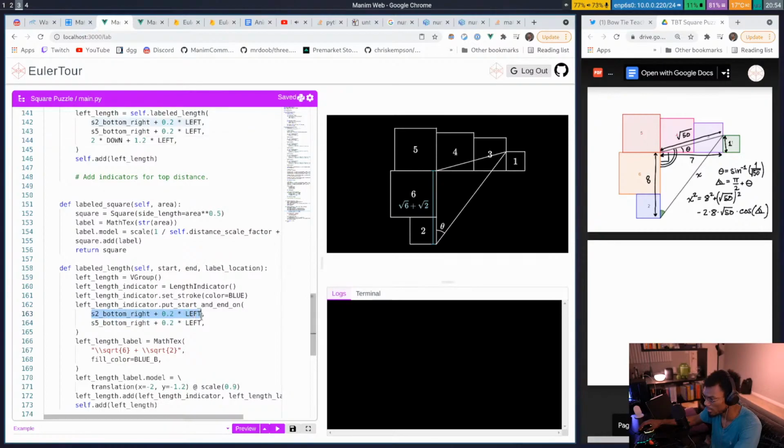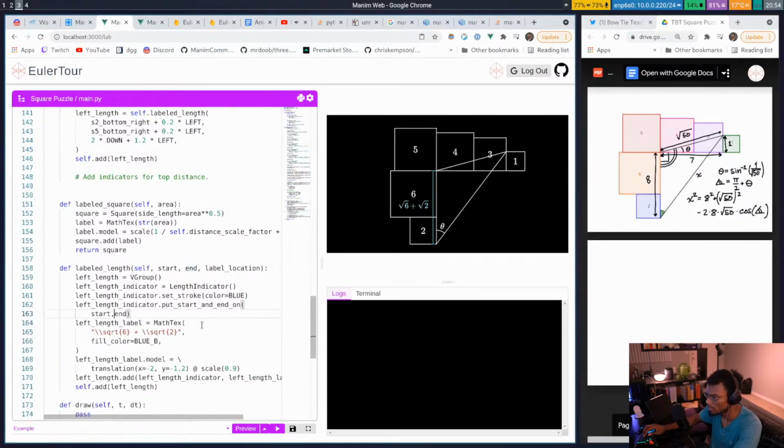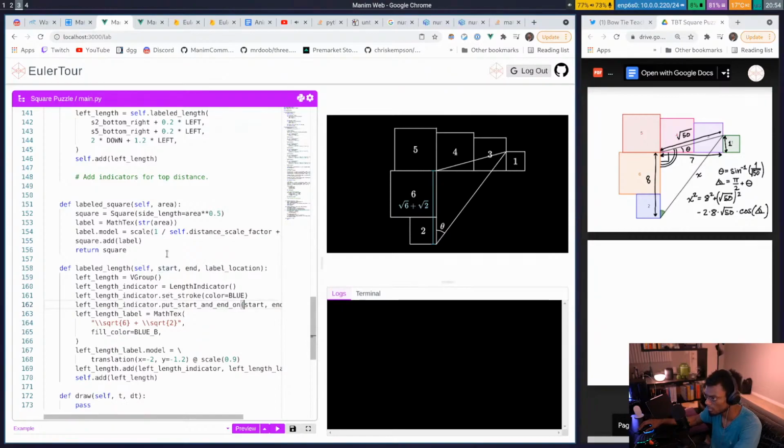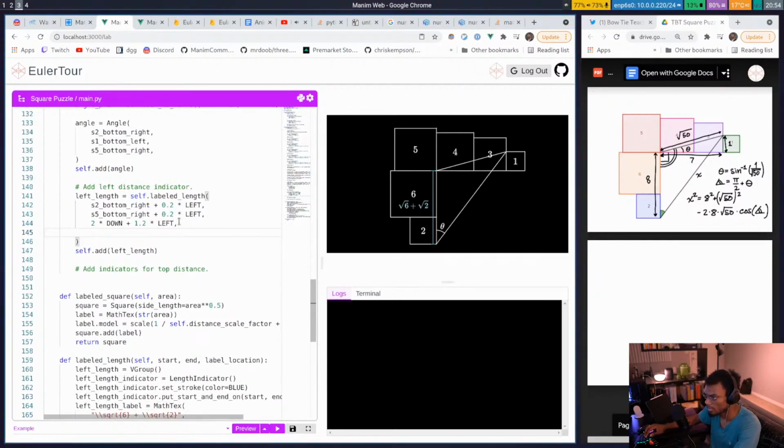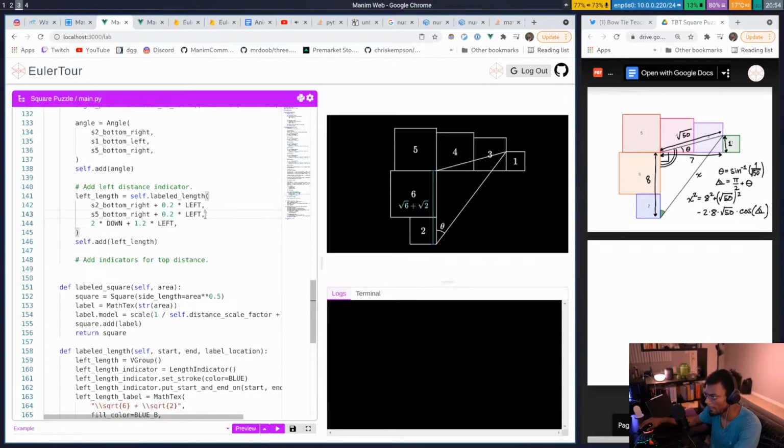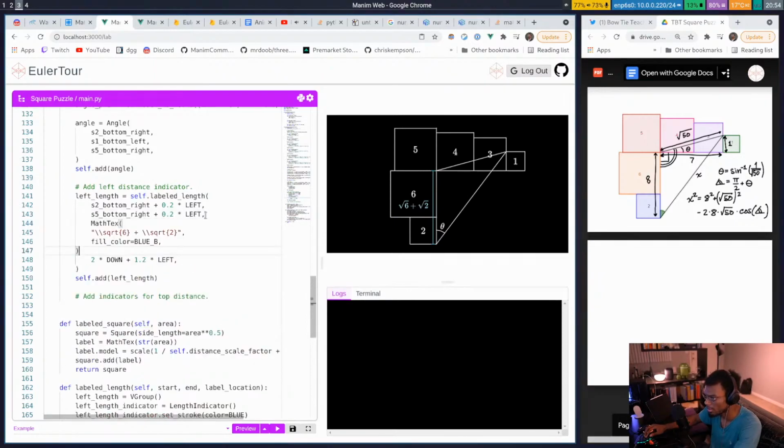I'm going to replace this with just start. And this was just end. I can just pass this in, of a label here, and then its location.